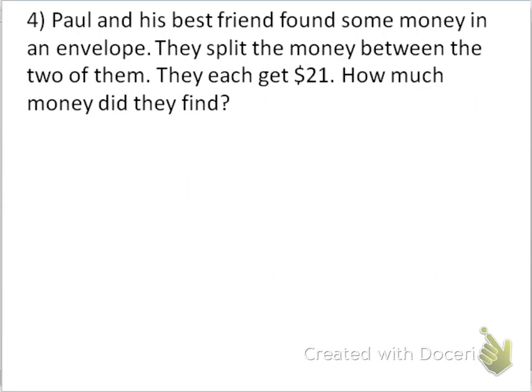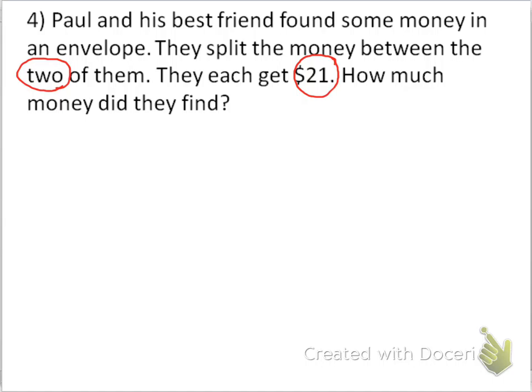And there's one last example for you here. Okay, we're going to start by cubing it, just like always. Paul and his best friend found some money in an envelope. They split the money between the two of them. 2 is a number, even though it's written in words, so let's circle it. They each get $21. How much money did they find? So we've circled the numbers. We need to underline important math words.